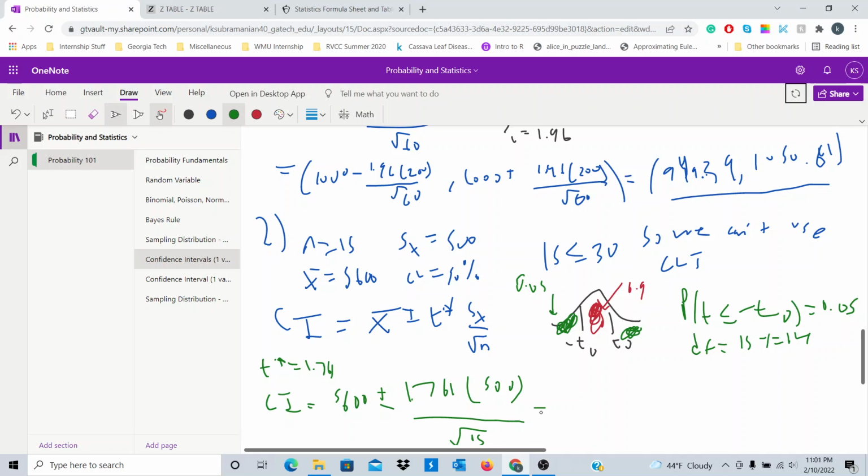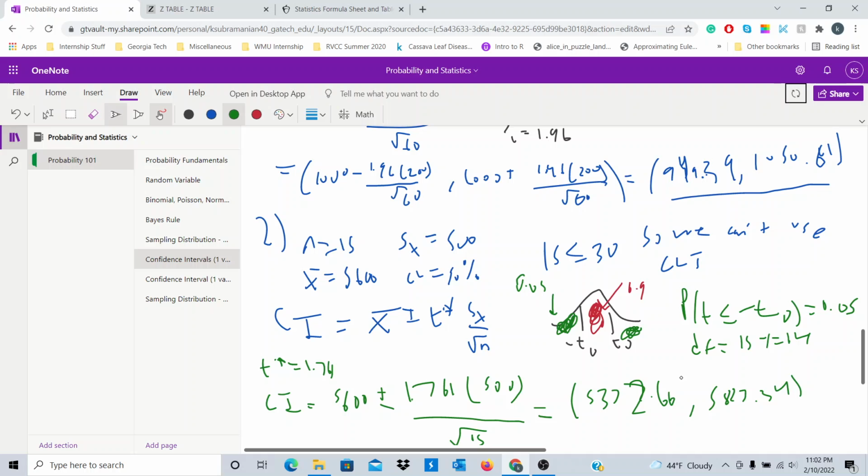Punching this into the calculator, we get our interval: 5,372.66, comma, 5,827.34.